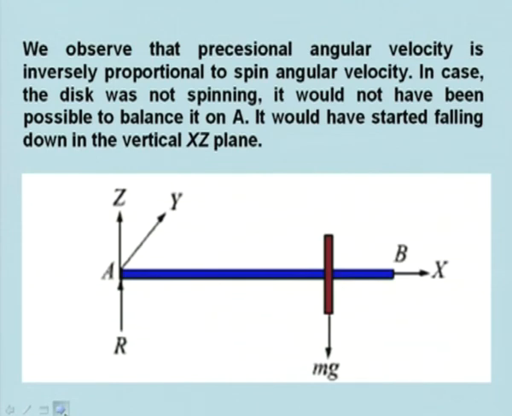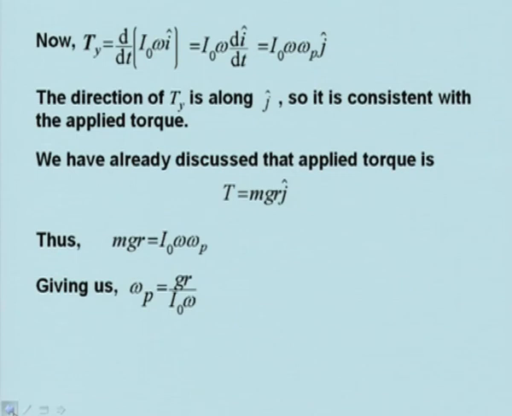In case the disk was not spinning, it would not have been possible to balance it on A. It would have started falling down in the vertical xz plane. Because if you see that equation, theoretically if omega is equal to 0, omega p becomes infinite.